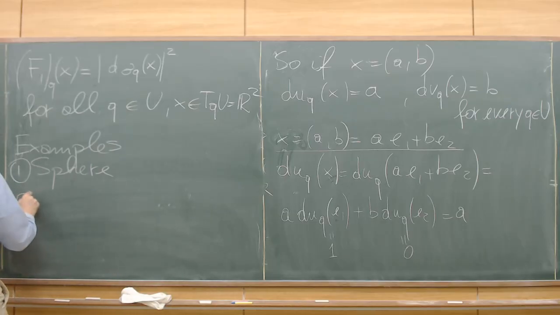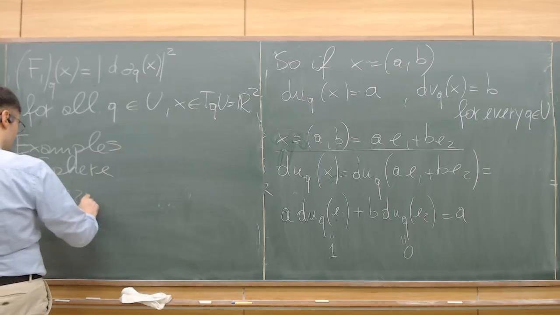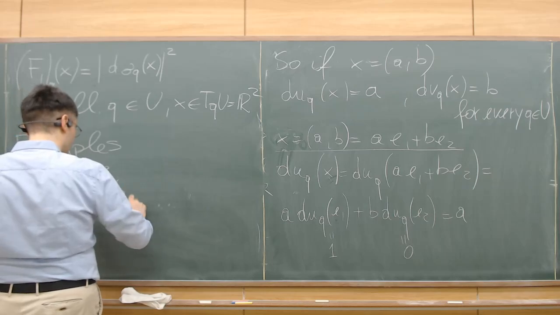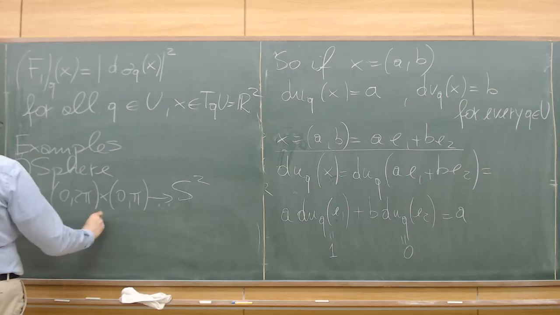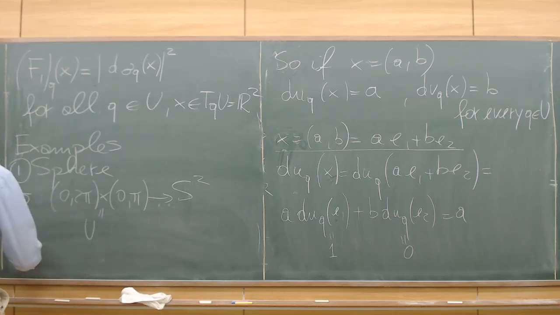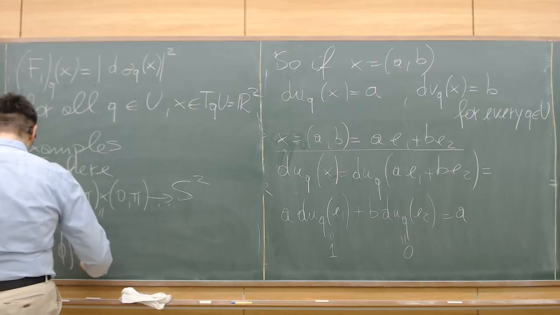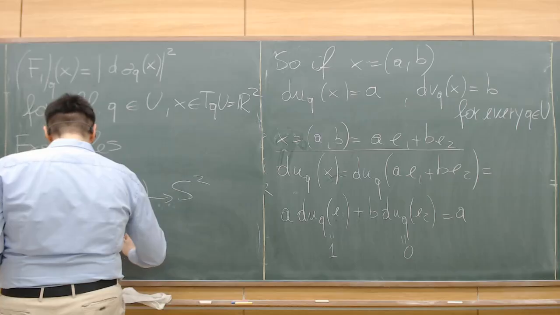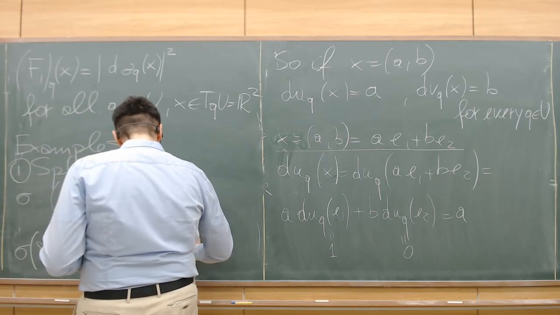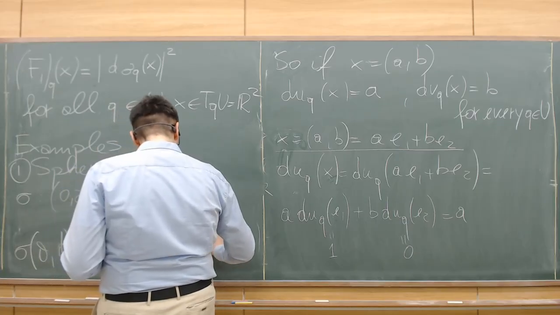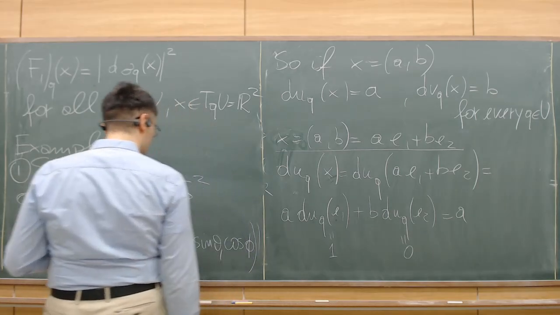So consider the surface patch sigma defined on (0, pi) times (0, pi), defined by sigma of theta, phi equal (sine of phi cosine of theta, sine of phi sine of theta, cosine of phi).